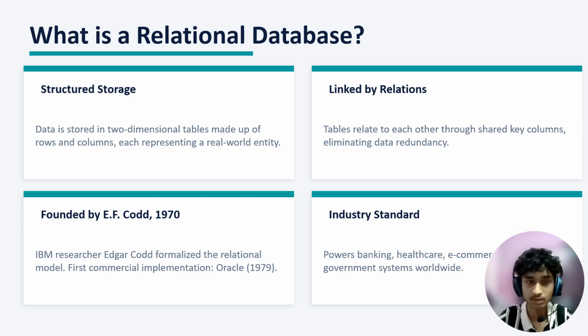We'll be studying this further in the next slide. And third, they are SQL powered, which makes it easier to operate because all the operations on the data, whether reading, inserting, updating, or deleting, are done using SQL. Think of it like a very powerful, organized set of spreadsheets that can talk to each other.